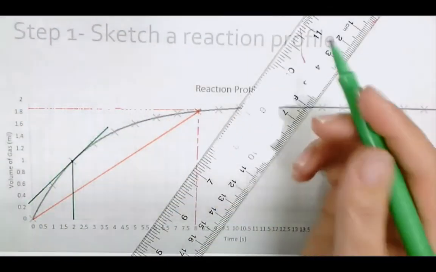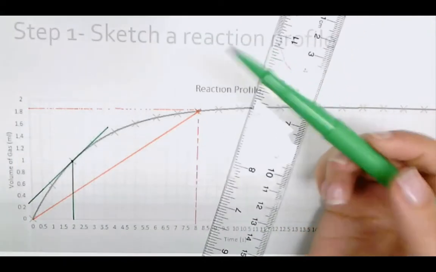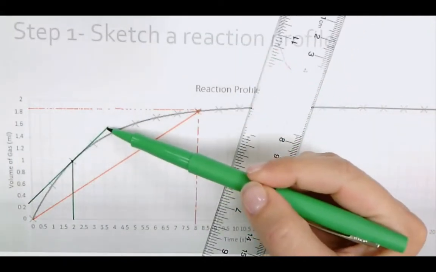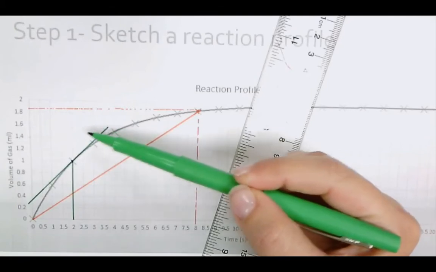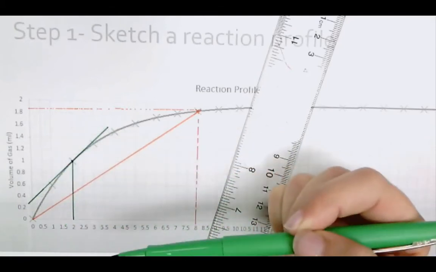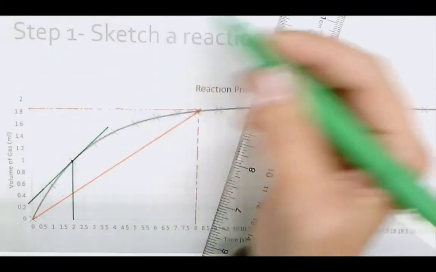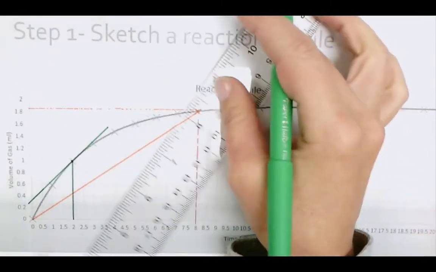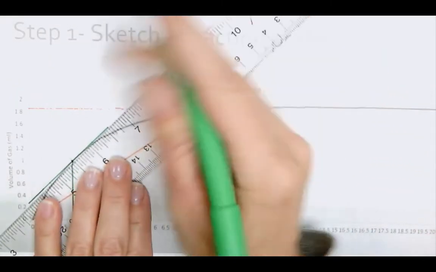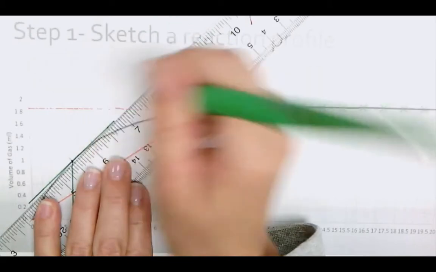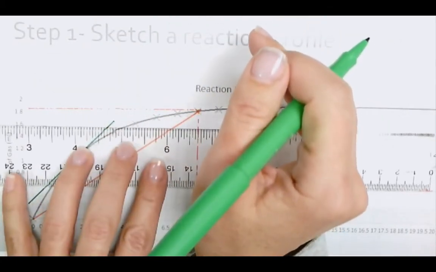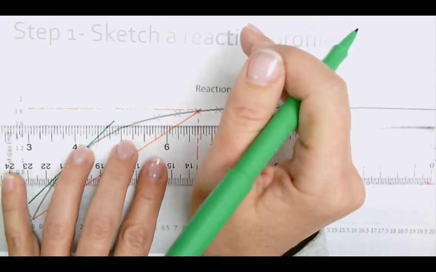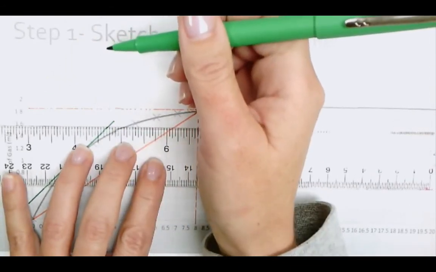So what you then want to do is figure out a slope value of this straight tangent line. You extend your line so that it hits at a point. I like that it's stopping here at the 1.6 milliliter mark.